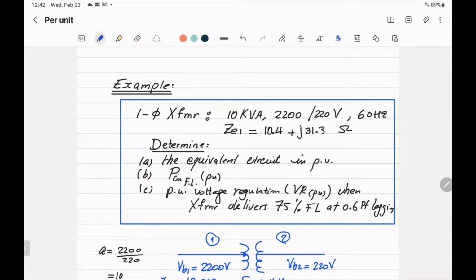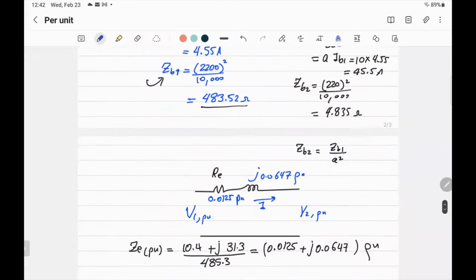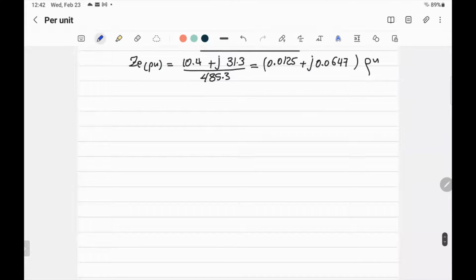I will try to find the copper loss and then divide it by the base, the power base, SB, right? So part B, need to find the copper loss at full load per unit. So it will be equal to copper loss at full load divided by the base.